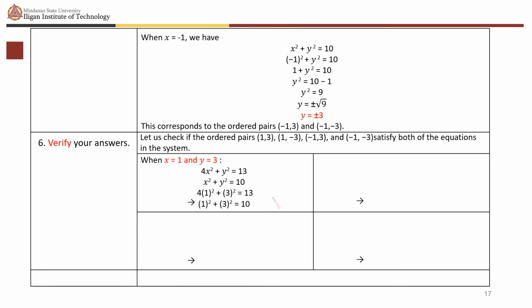So when x is equal to 1 and y is equal to 3, I will leave the verification to you. But there are some values already here, so you can check this. They're both true. Similarly, when x is equal to 1 and y is equal to -3, it will give us true values.